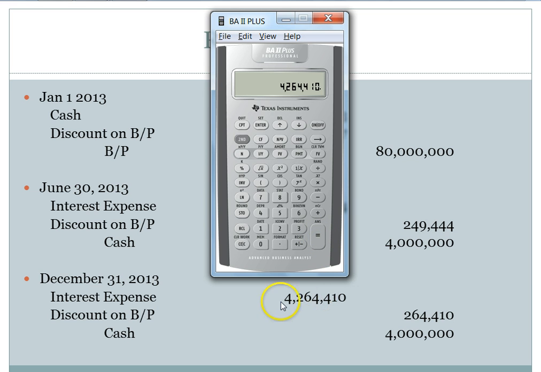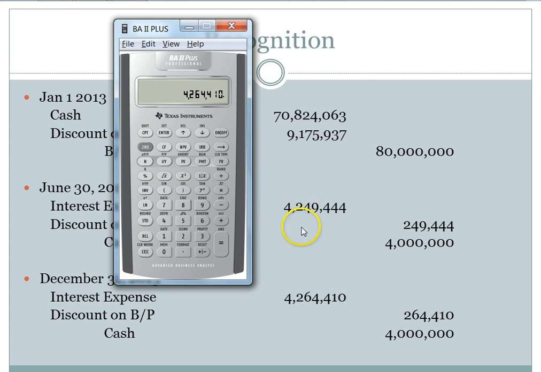And that tells me that my interest expense for December 31st is $4,264,410. Notice here, the cash amount paid out is always going to be the same. That's the $4 million every 6 months. The effective interest method causes the interest expense every 6 months to change.